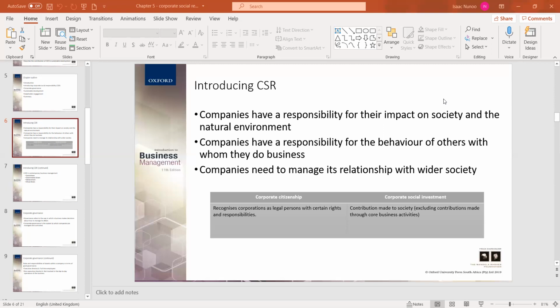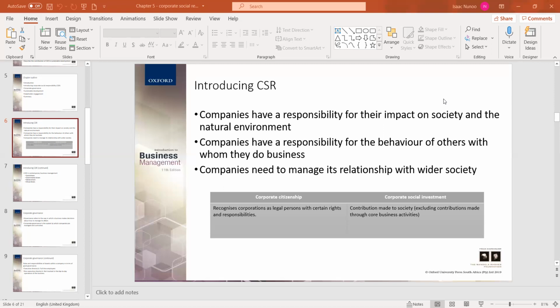If you look into the King III report, in terms of the definition of corporate responsibility, it did not limit its definition to that of social responsibility.